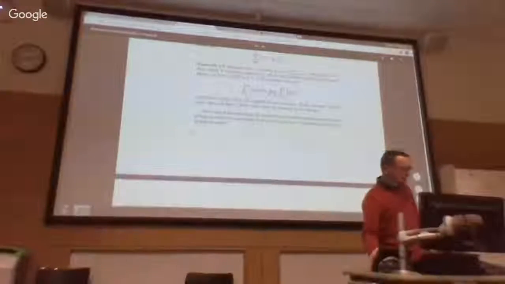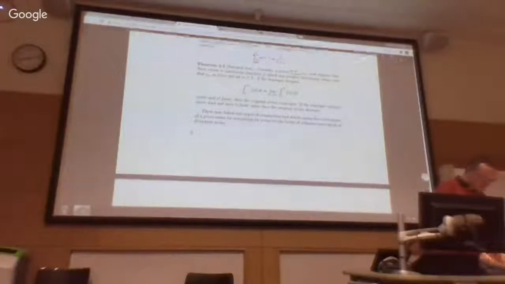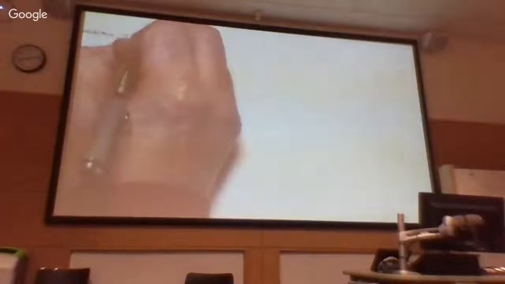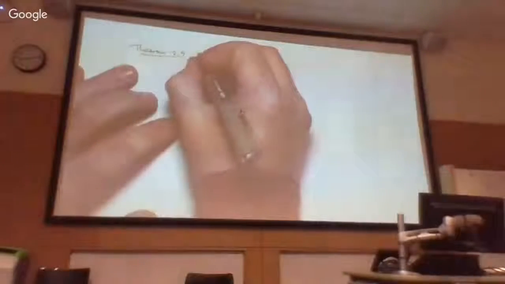Okay, so the next one we're going to discuss is the integral test. Now I won't give completely formal, detailed proofs of these, but I'll just get across the essential idea. And then we'll look at a collection of examples at the end of this time. So Theorem 2.5 is the integral test.